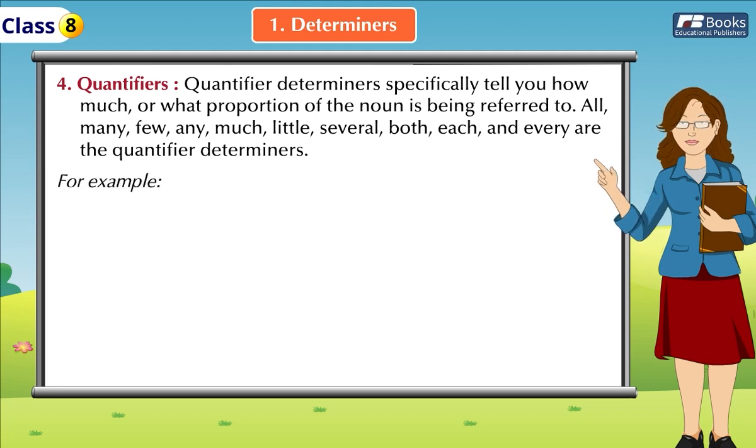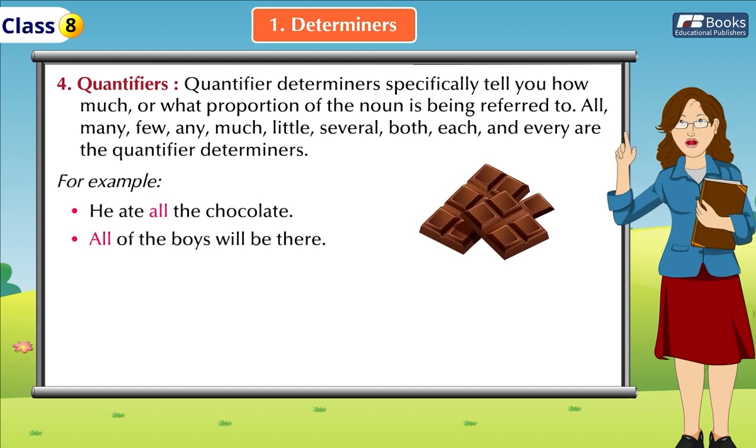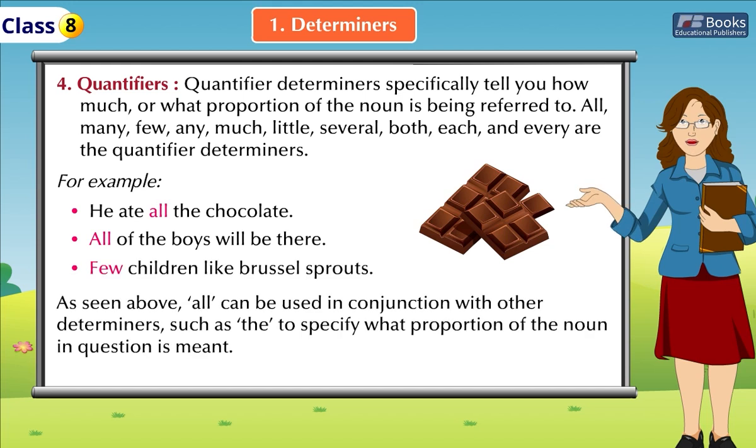For example, he ate all the chocolate. All of the boys will be there. Few children like Brussels sprouts. As seen above, all can be used in conjunction with other determiners, such as the, to specify what proportion of the noun in question is meant.